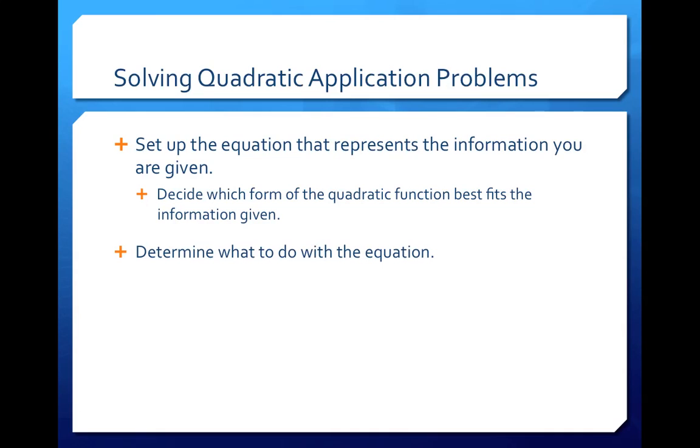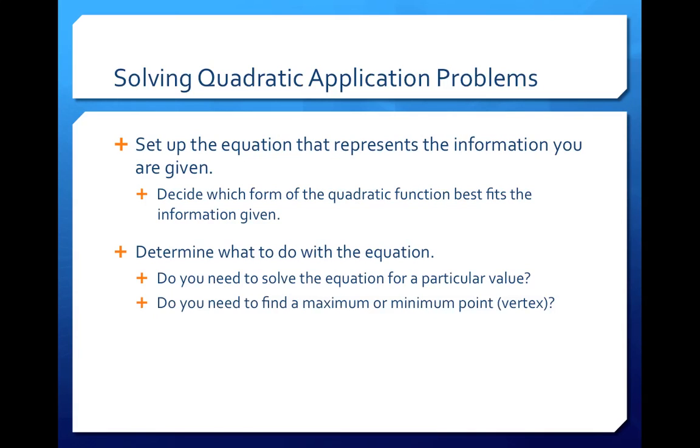Then once you've set up the equation, you need to determine what to do with the equation. And that's going to be based on what the problem asks you for. Some problems are going to ask you for something that requires you to solve the equation that you've set up, whereas other problems are going to ask you to find a maximum or minimum value.